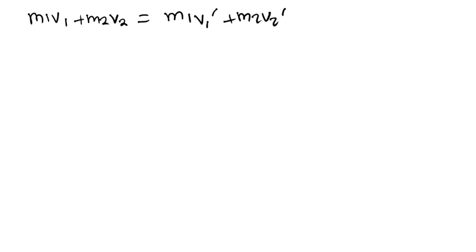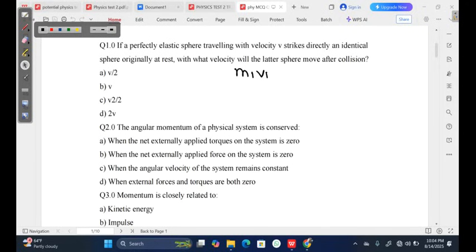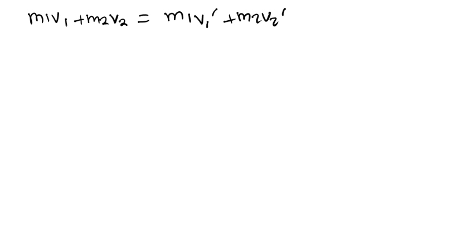Prime means final. Now the question is saying that the second ball was initially at rest, meaning this is 0. We're talking about identical masses, so I can cancel the mass. Then I'm remaining with v1 is equal to v1 prime plus v2 prime.